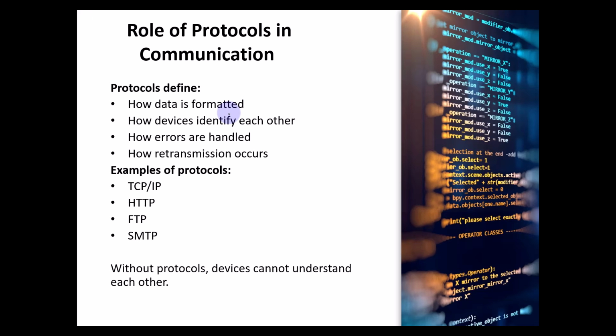So here we are saying that devices cannot communicate if there are no protocols. Without protocols, devices cannot understand each other, and if they don't understand each other, they cannot communicate, because they have to set rules before they communicate with each other.